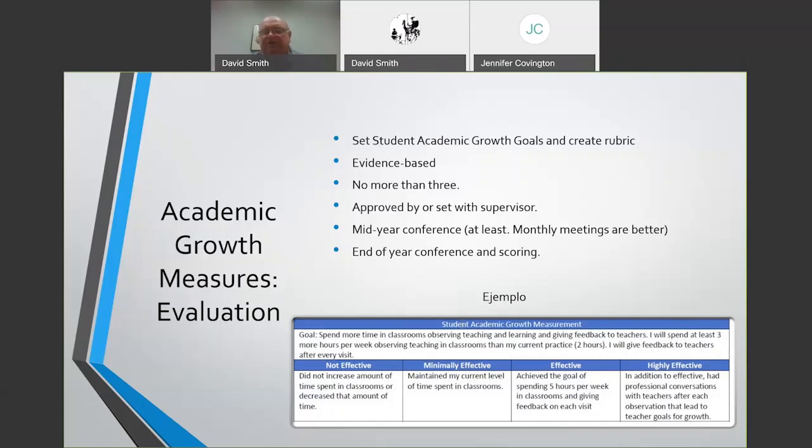Professional conversations are different than just giving a little bit of feedback to the teachers. It's more like a post-conference, but it's not as formal and it's not as long. There's a great book by Charlotte Danielson called Talk About Teaching, subtitled Professional Conversations That Help Teachers Grow.